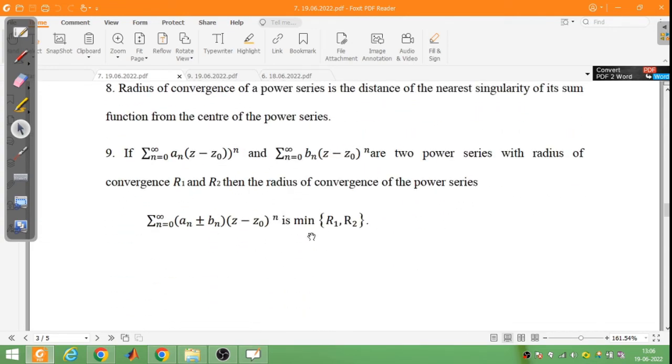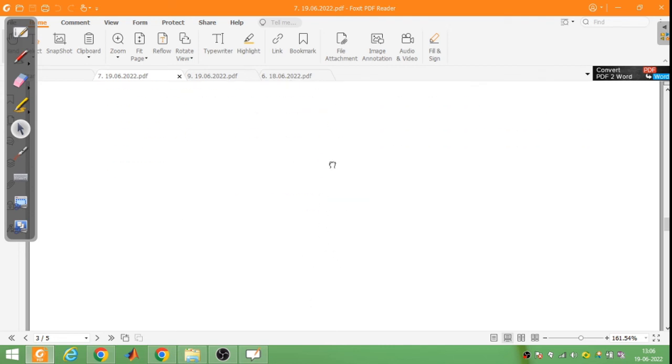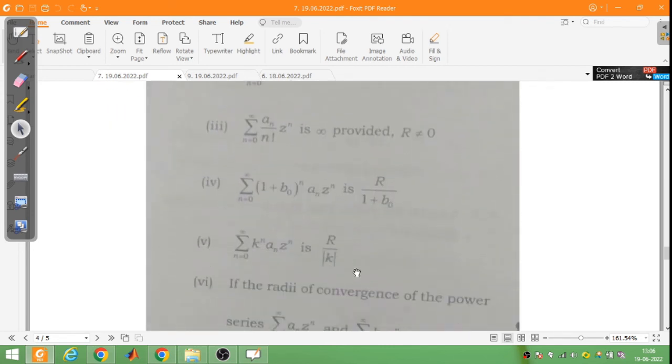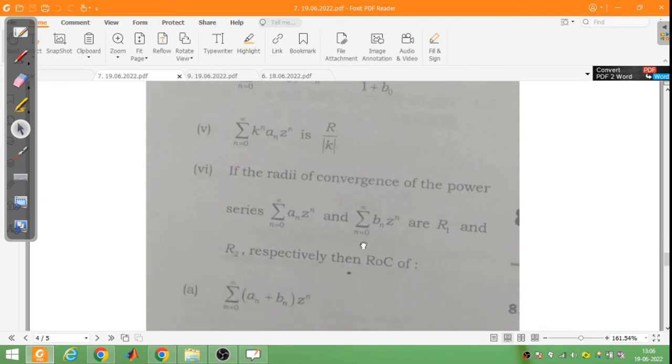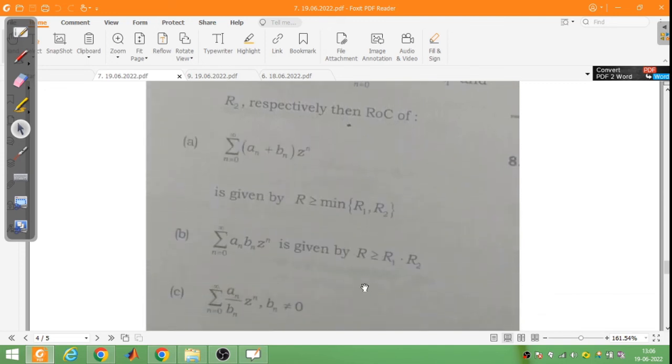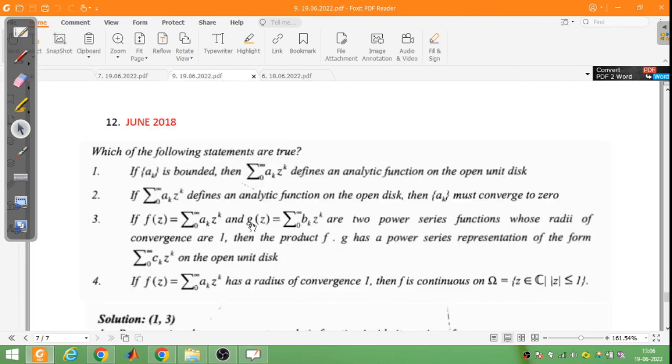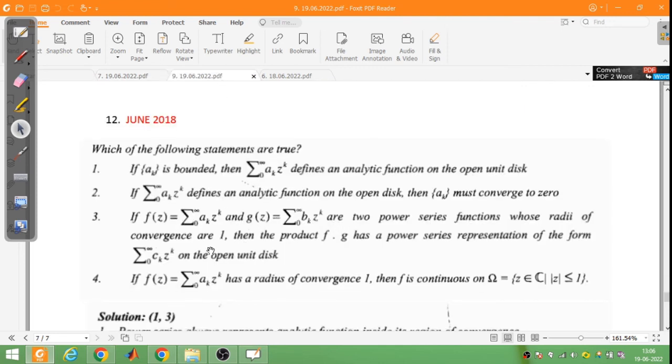From this property, for multiplication, R1 and R2 give a radius R which is greater than or equal to the product. So this is 1 and this is 1, so the radius of convergence is also 1, therefore it represents a power series on the open unit disk.